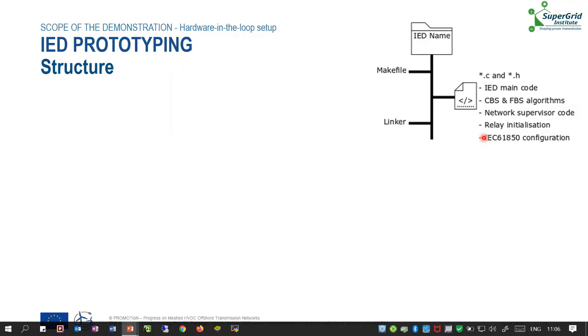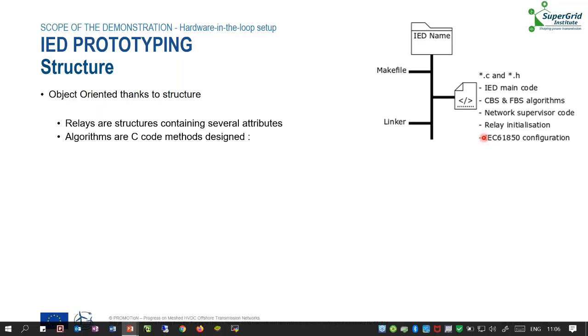So let's go now more into detail on the structure of the code. We used an object-oriented approach via the C structure data type. To explain this, relays are structures. We can call them objects, containing several attributes such as measurement, tripping order, etc. Then the algorithm becomes C code functions, so we could call them methods, modifying the attributes at each execution loop.